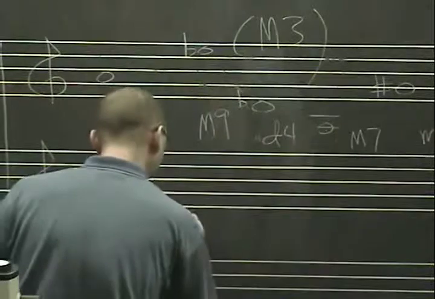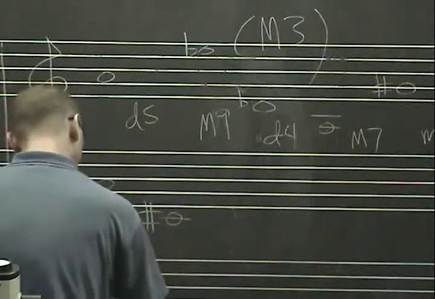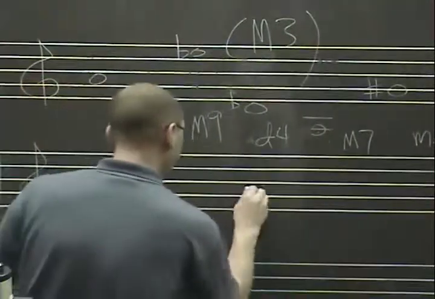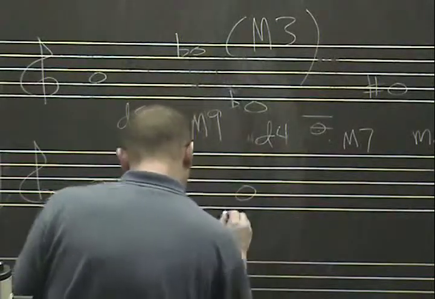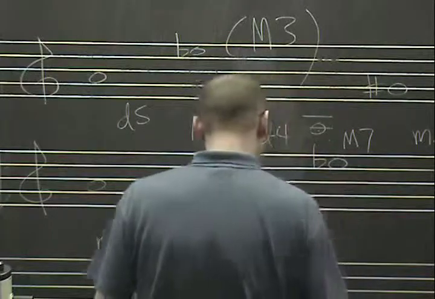A and C sharp. Can you see this? Yep. Excellent. Okay. C sharp to G natural: diminished fifth. G natural to E flat.